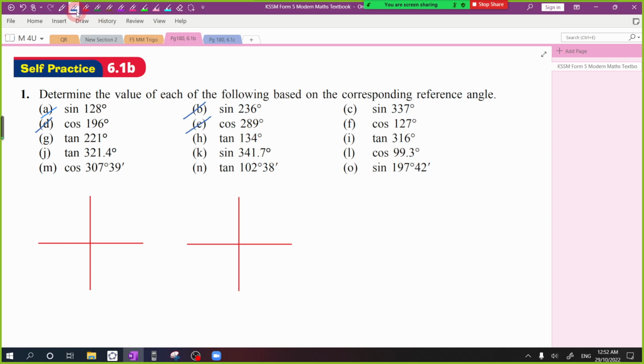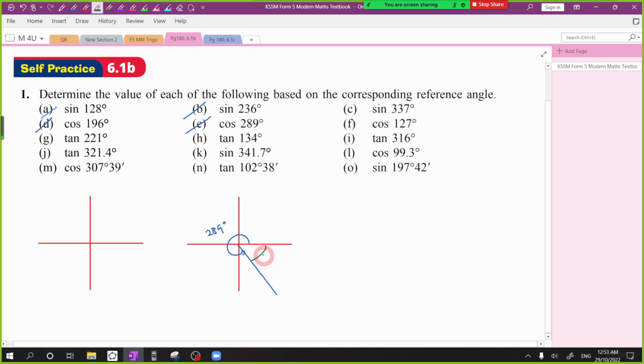Okay, now let's go to E, cosine 289 degree. First step is to sketch the diagram, sketch the angle. 289 degree will be somewhere around here. And where's the reference angle? The reference angle is between the terminal side and the x-axis, which is over here.